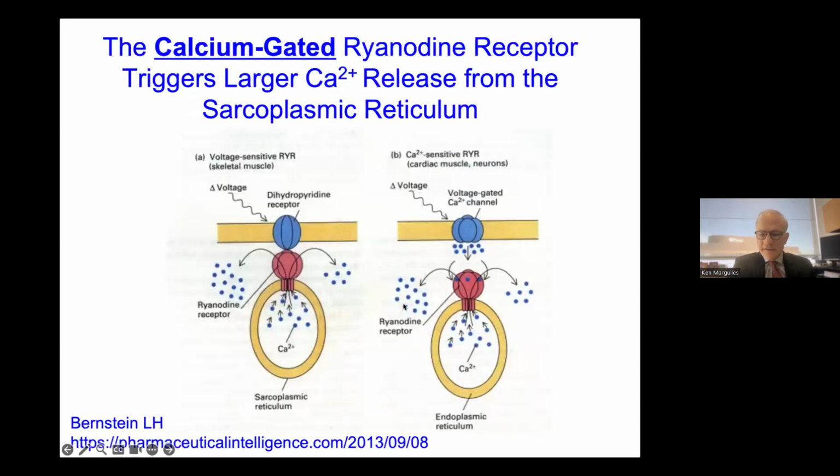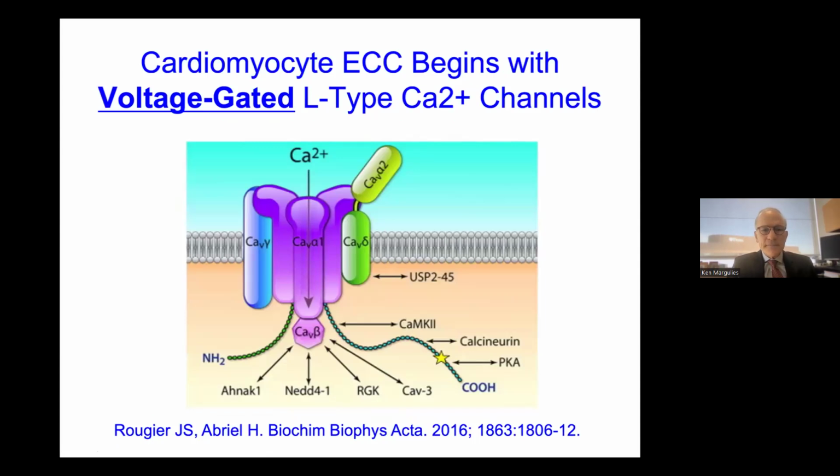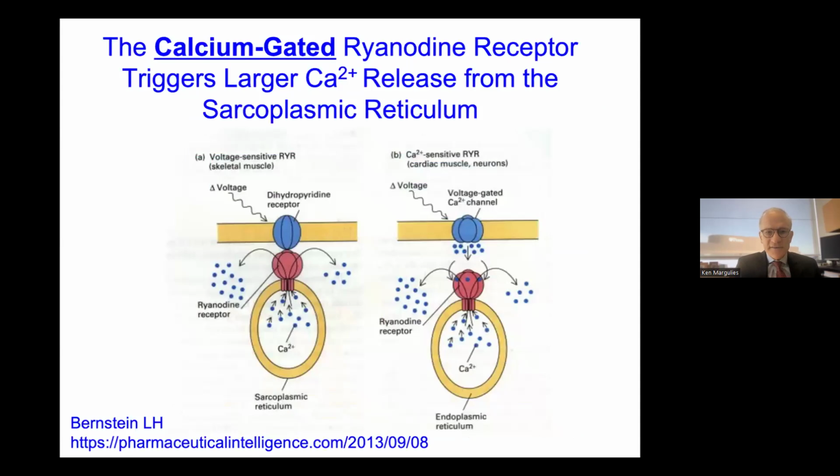In fact, its location is particularly dominant in the T-tubules. There are some L-type calcium channels on the sarcolemma that's not within T-tubules, but there's far, far more within the T-tubules because of their role. And their role is to link to the ryanodine receptor that's located in the sarcoplasmic reticulum.